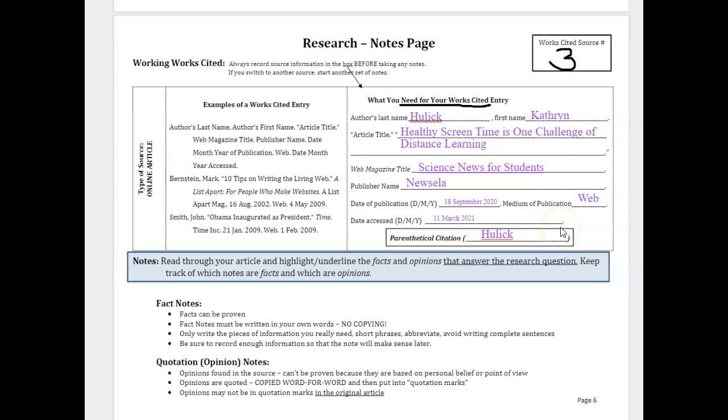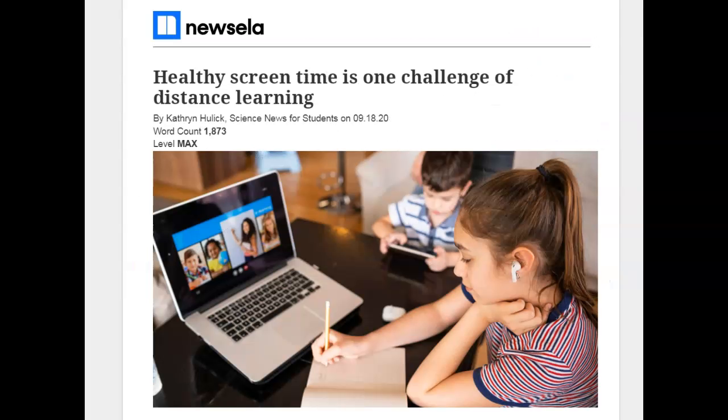At this time, open up source number 3, have your pen or highlighter ready, and as you read, look for anything that you think is going to answer our research question.